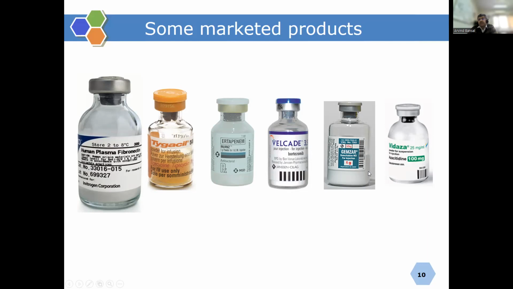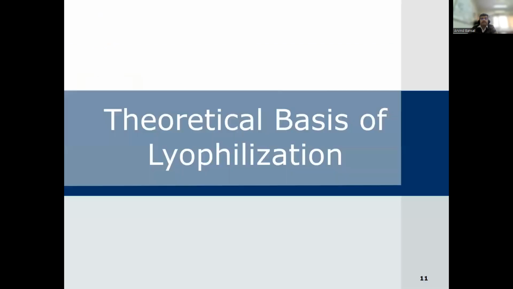So during lyophilization, this solvent is removed and it acquires the shape of a cake, which is similar to the shape of the initial volume that was filled in the vials.